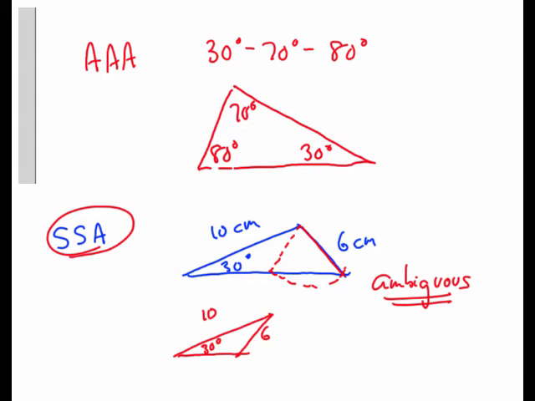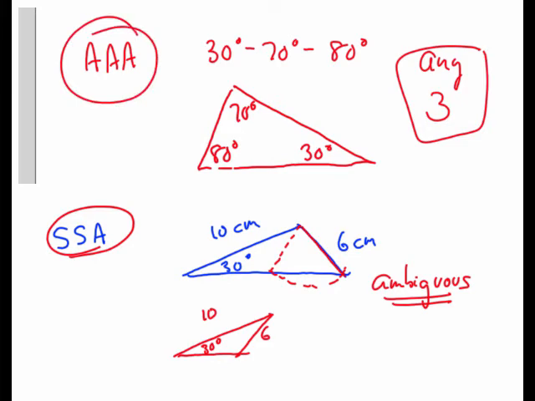Other than AAA and SSA, any other 3 pieces of information will confirm that there is in fact only 1 triangle. So whether you're using the sine law and later the cosine law, if you're given any 3 pieces of information in the triangle, there will only be 1 possible triangle unless you're dealing with 3 angles given and 2 sides and the angle not included given.